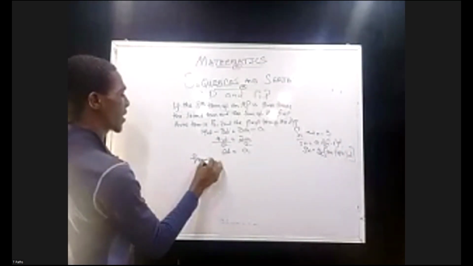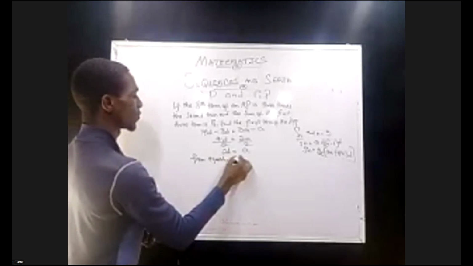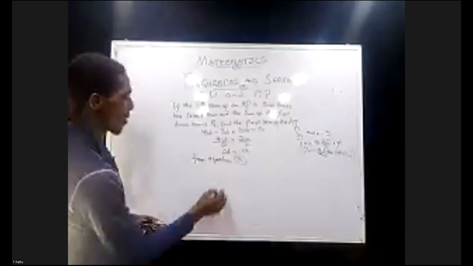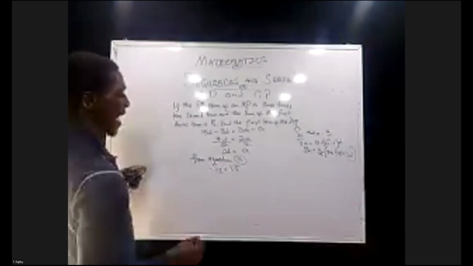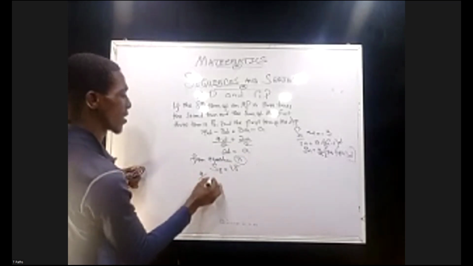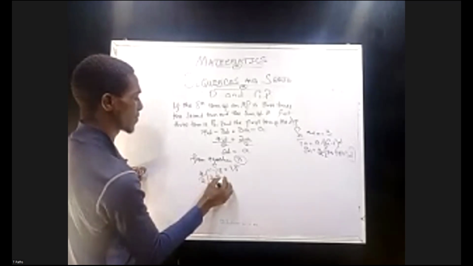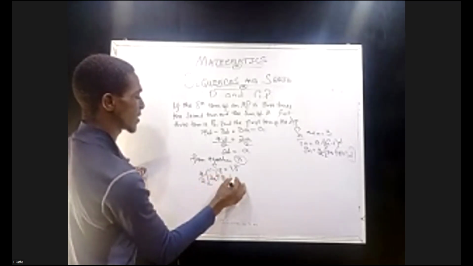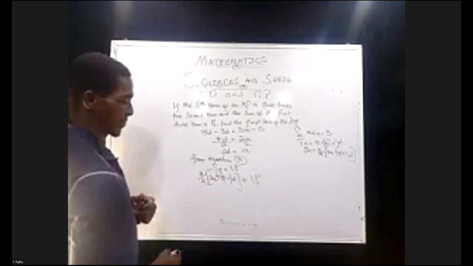From equation 2, here we said that the sum of 3 terms equals 18. Now, the sum of 3 terms has a formula that says 8 over 2, open a bracket, 2a plus (8 minus 1) times d. We close the bracket, equals 18.